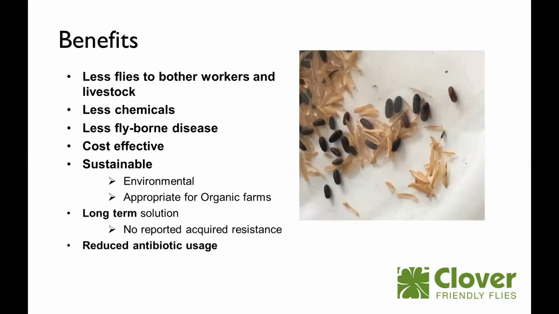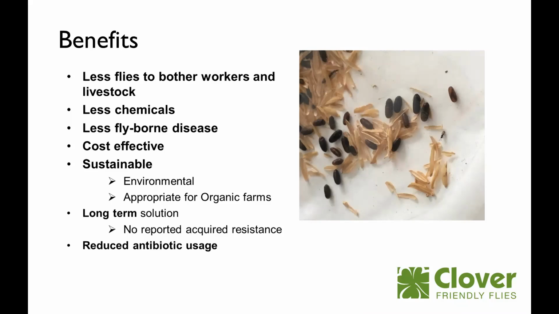They're cost-effective: the investment in fly parasites is balanced out by reduced chemical usage and welfare and medicine savings. They're sustainable. There's no reported antibiotic or acquired resistance to them. Obviously, they're very useful for organic farms where they're trying to minimise chemical and medicine usage.